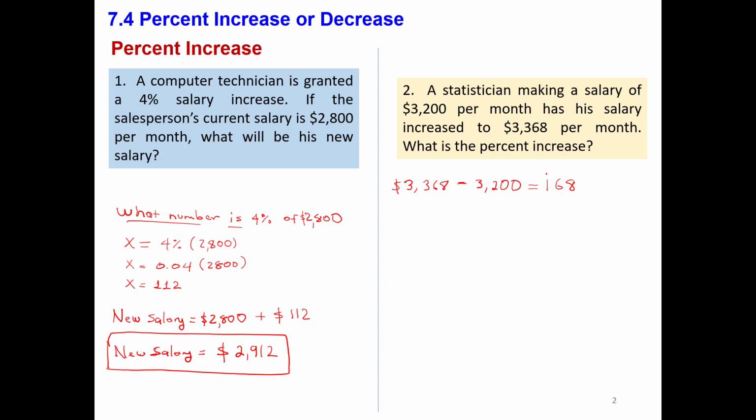This is the new salary, this is the old salary, and this is how much the salary increased, 168. Because we want to calculate the percent increase, we need to find the percent that corresponds to 168. What we want to know is what percent of 3,200 is 168, because 3,200 was the old salary. Yes, this is the new salary, but we need to calculate the percent based on the old salary. Let's write the question here.